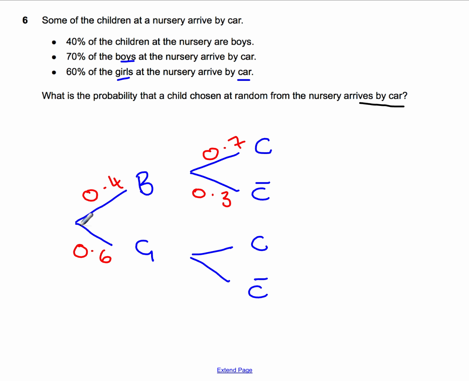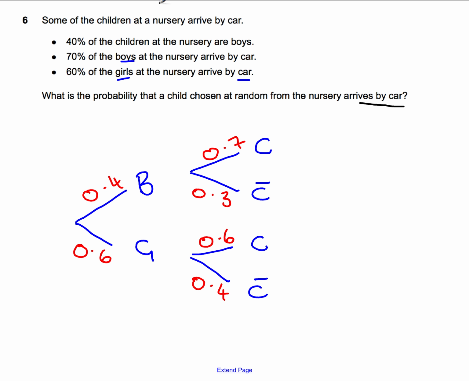Remember, when you add up both branches of your tree diagram, you should always sum to 1. Both branches are summing to 1. 60% of the girls arrive by car. So 60% of girls arrive by car, and therefore 0.4 do not arrive by car.